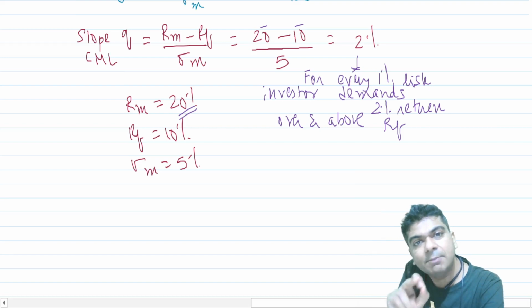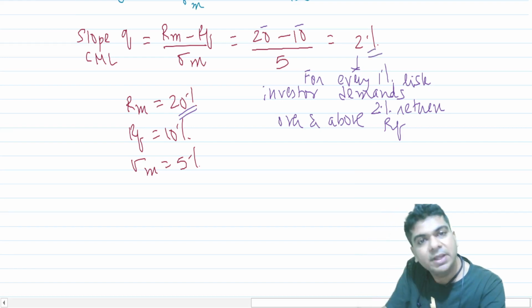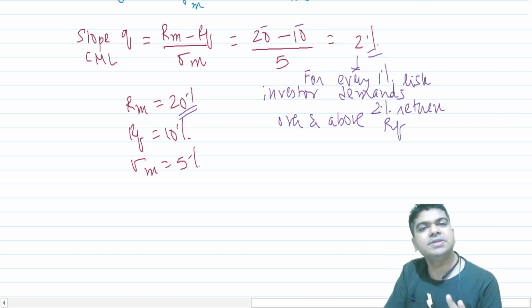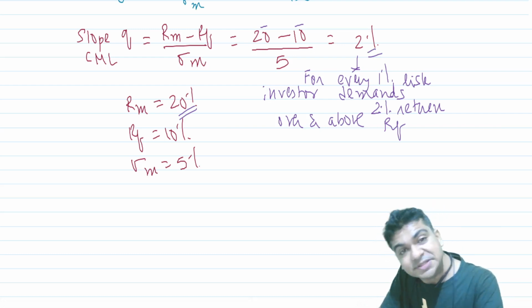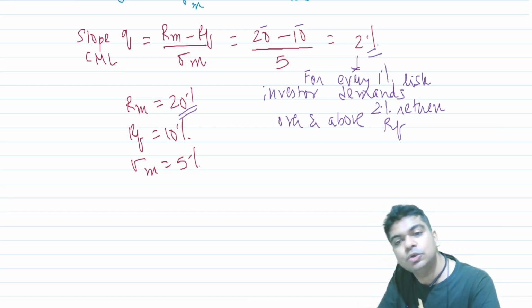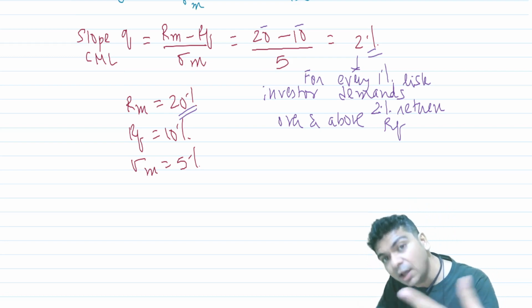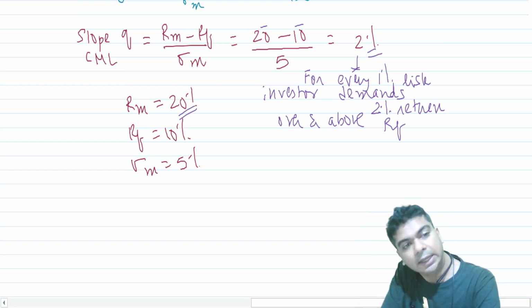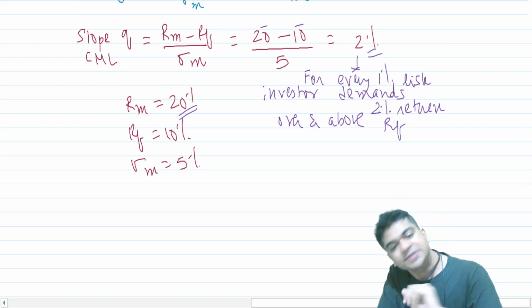When you say that the market risk return trade-off is 2%, it means for every 1% risk that you are taking, you are demanding 2% return in addition to the risk-free rate of return. So this is your market risk return trade-off, 2%.